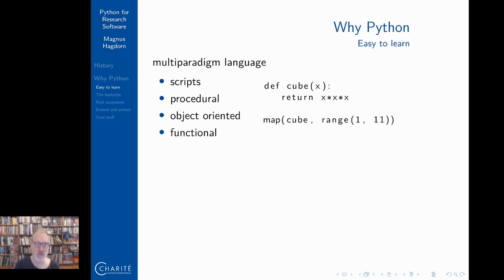When you start off, you probably start writing scripts, and as you get more proficient at the language, you can refactor your code into functions and packages. And when you start writing a bigger project, you can use objects to split up the work.